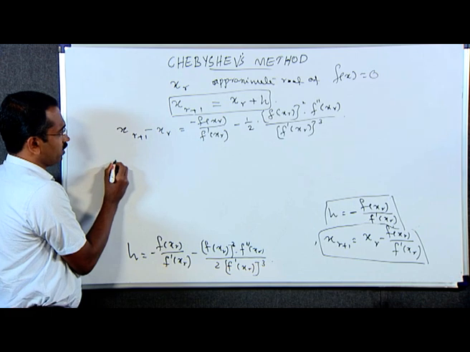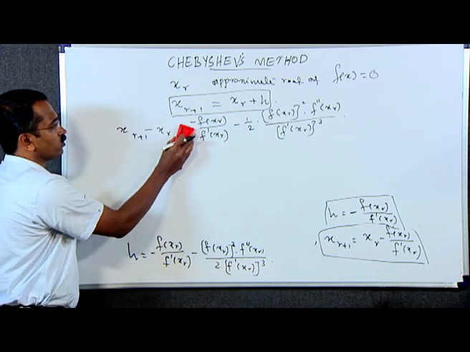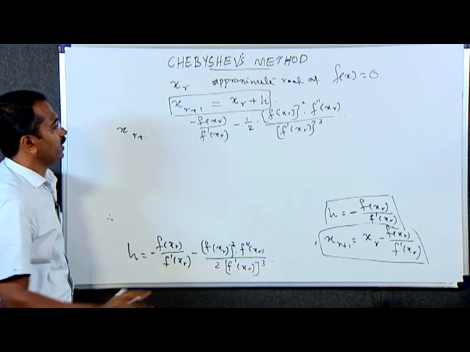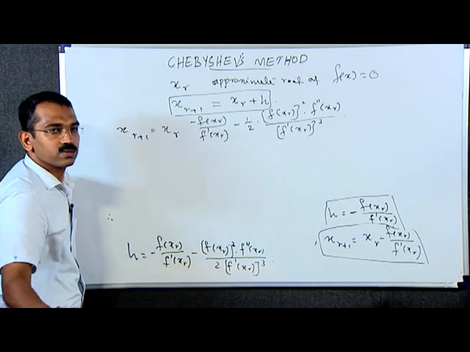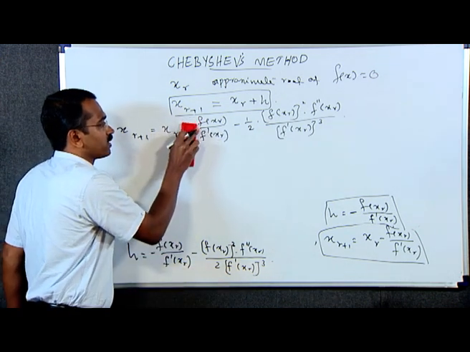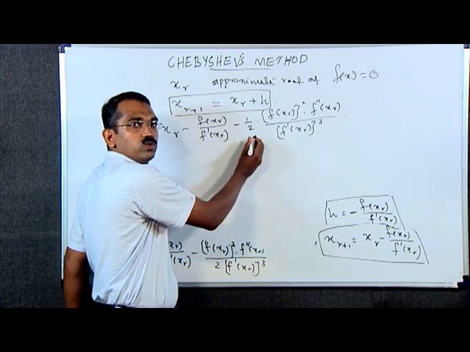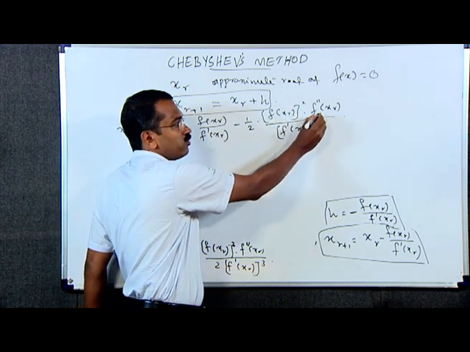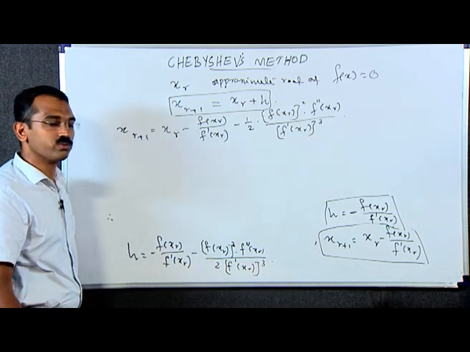Therefore, we can write xr+1 is equal to xr minus f(xr) divided by f'(xr) minus 1 by 2 into f(xr) whole squared into f''(xr) divided by f'(xr) whole cube.